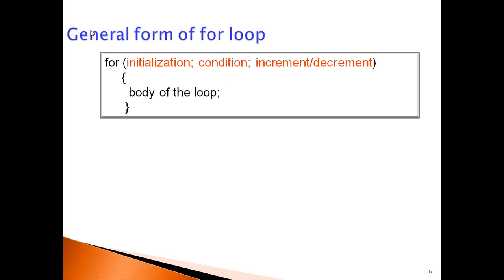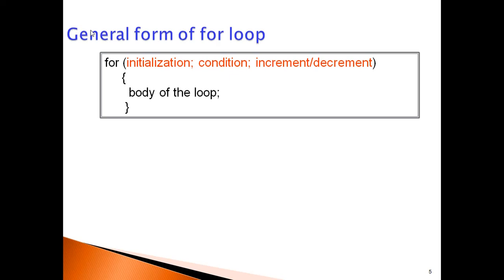Whereas in the while loop, the declaration of the altering variable is at the beginning of the C program, immediately after the main function, where we declare the variables. At that place only we will declare the variable and initialize it. Beside the while keyword, we write only the condition.